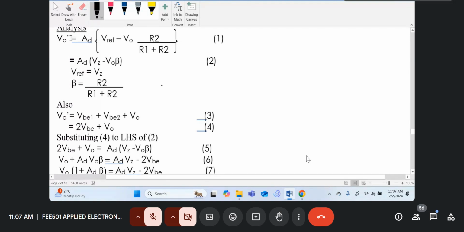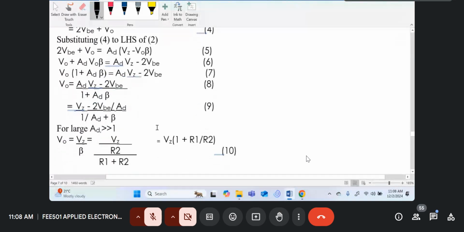So let's substitute for V naught dash in equation 2 with equation 4. If I do that, I'll get 2 VBE, which is the right-hand side of 4, plus V naught is equal to V naught dash, but V naught dash is equal to AD into brackets Vz minus V naught beta. So this is equation 2 here.